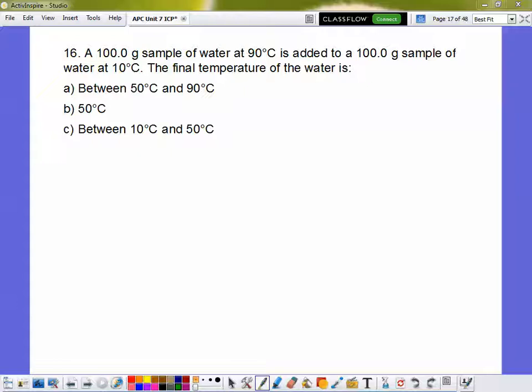Well, before we actually figure that out, let's talk about some things that are similar in this problem. In this problem, we're looking at the same substances. We're adding water to water, which is different from the last one. The last one, we were adding metal to water. So if it's the same substance, what's something that's in Q equals MCΔT that's going to be the same?